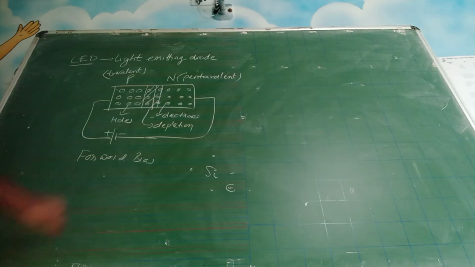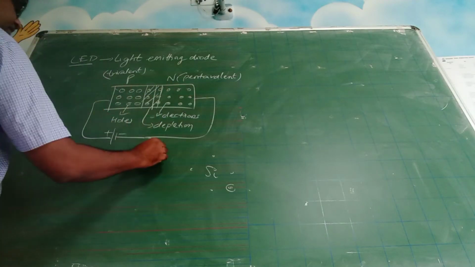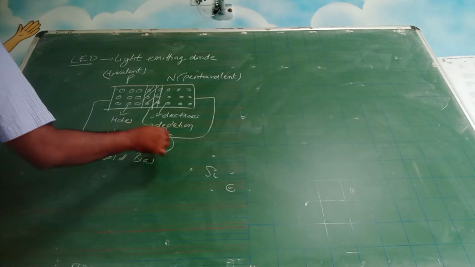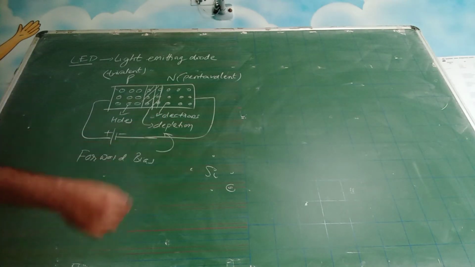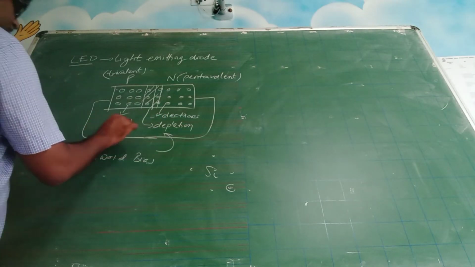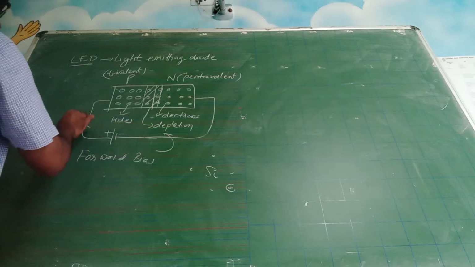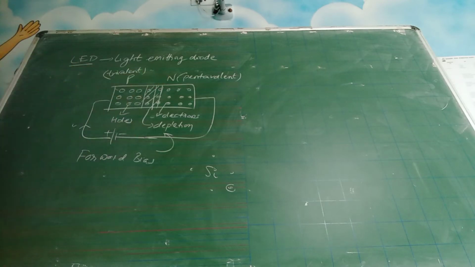Basically the flow of current means electrons are moving from this side to this side in this fashion, and you are taking the conventional current direction from higher potential to lower potential. We are calling the current flow is in this direction.